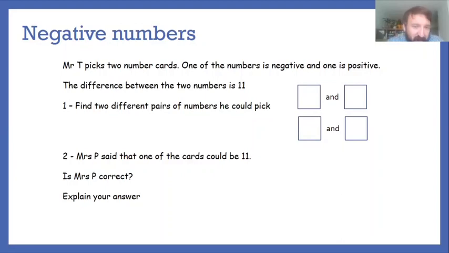Mrs. P, good use of initials going on here, said that one of the cards could be 11. Is Mrs. P correct? Explain your answer. So have a think about that question. Find your cards first, have a think about that question, and make sure you get a good explanation going as to what your answer is and your reasoning. Okay, have a go at that, come back, and then we'll go through that together.